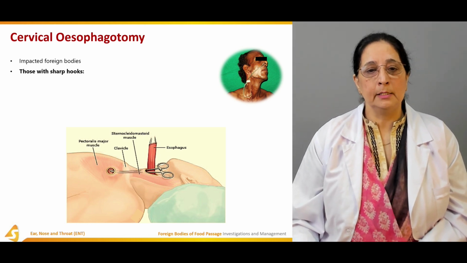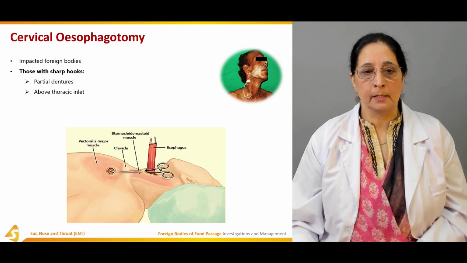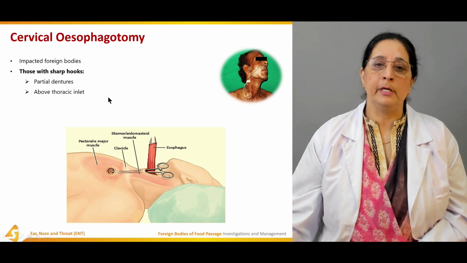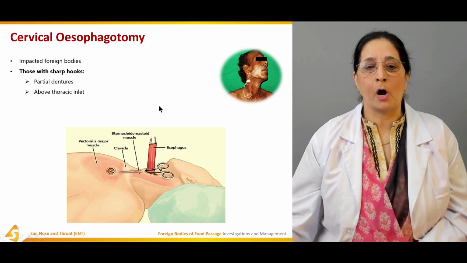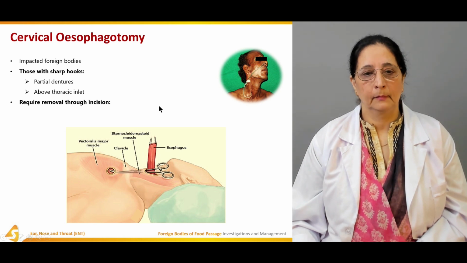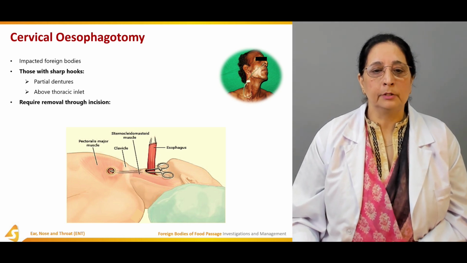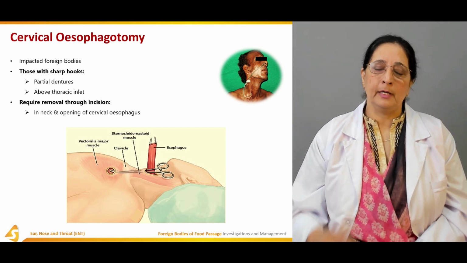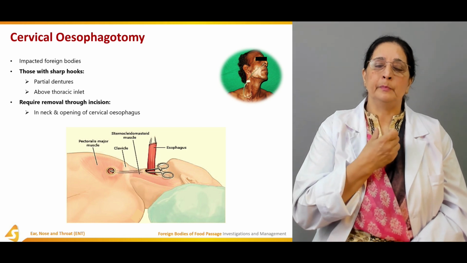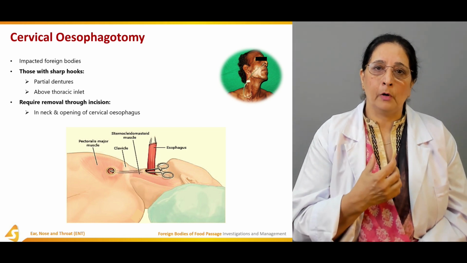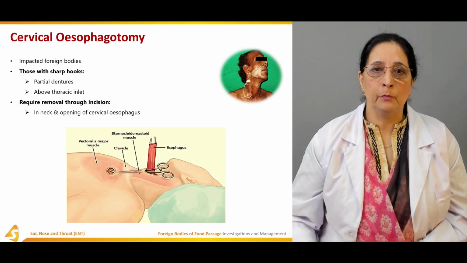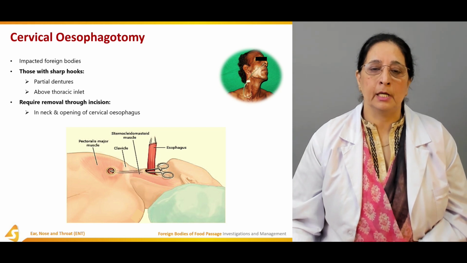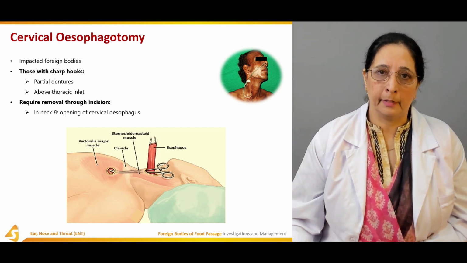For impacted foreign bodies, those with sharp hooks, partial dentures, above the thoracic inlet, we perform cervical esophagotomy. They require removal through an incision in the neck and opening of the cervical esophagus. So the opening is performed and the foreign object is removed, and those objects are mainly dentures present above the thoracic inlet.